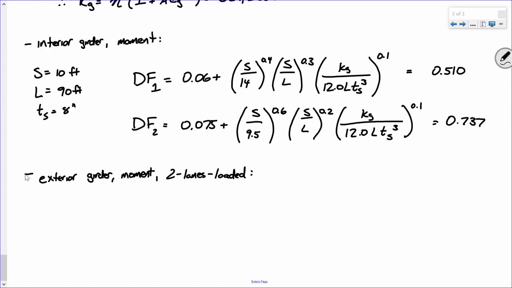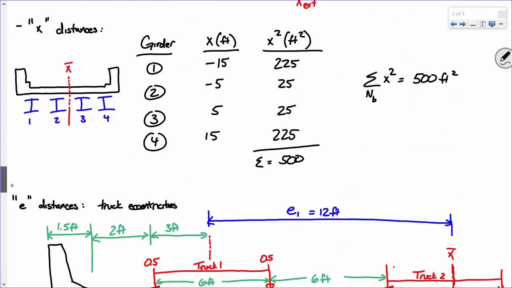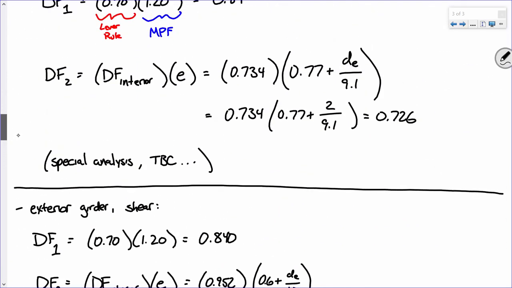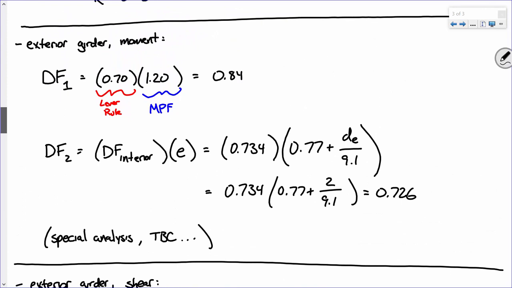Okay. So if you recall, this is where we take that distribution factor for the exterior girder, and the way we compute it is we take the distribution factor for the interior girder and modify it by that value E. Remember that? What was E for moment? Remember this? That 0.77 plus DE over 9.1.